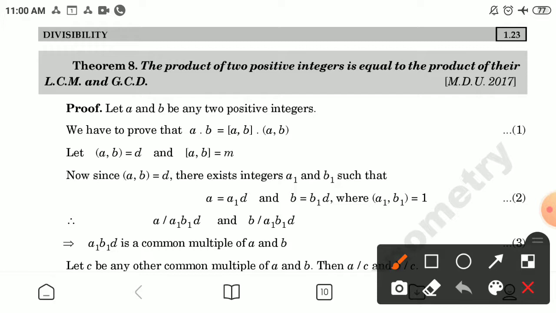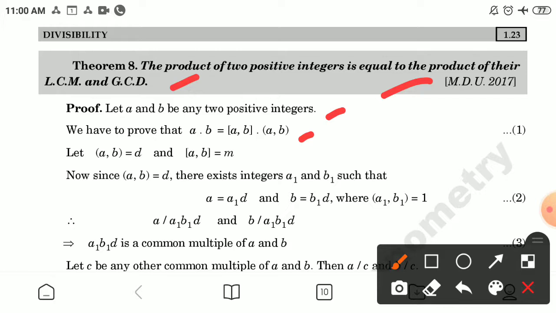Now, the next important result: the product of two positive integers is equal to the product of their LCM and GCD. Proof: let A and B be any two positive integers. Now we have to prove that their product is equal to the product of LCM and greatest common divisor, marking this as number 1.